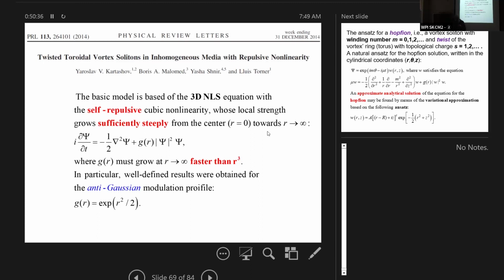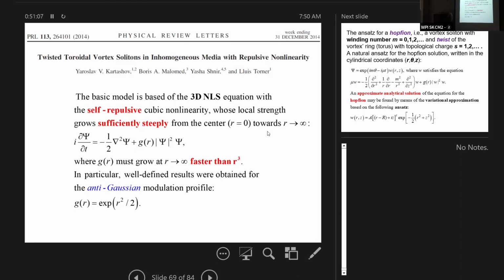And then one can assume the situation when, due to the action of this external spatially non-uniform control mechanism, the size of this coefficient depends on the location. And now it's necessary to assume that it has a minimum at the center r equal to 0, and then sufficiently steeply grows from the center to periphery, from r equal to 0 towards r going to infinity.